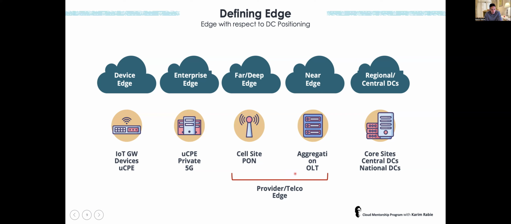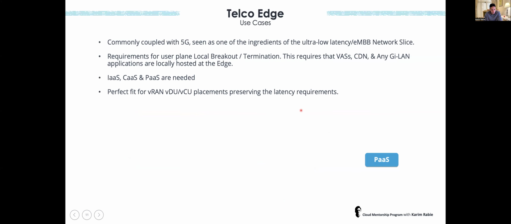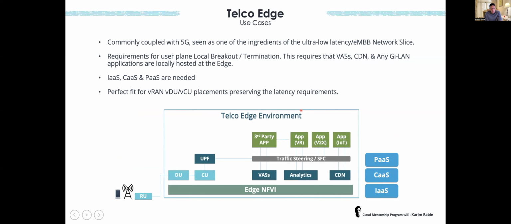Okay, so let's move forward, and now we go to, I would say, the edge data center ingredients. What would you usually have there? As we agreed, the first point is that the idea of going to the edge is very coupled with 5G.